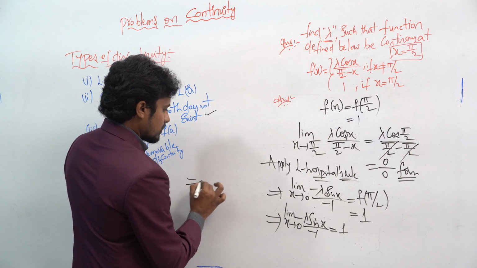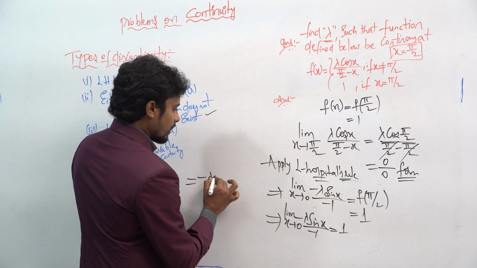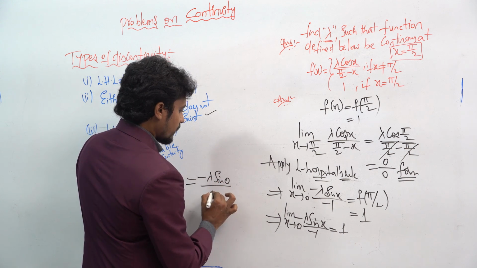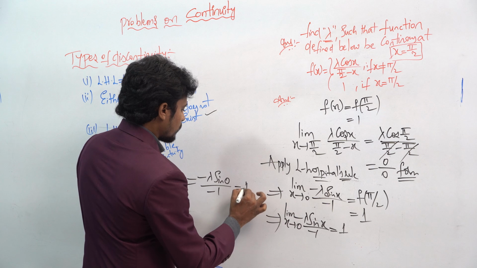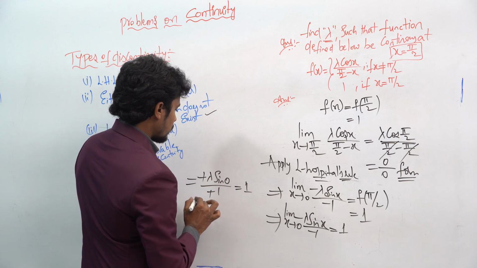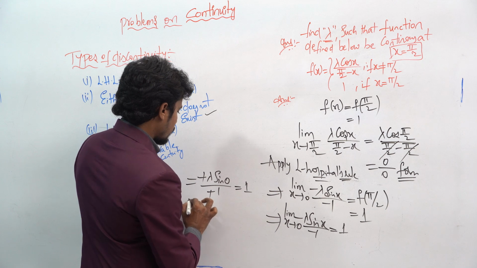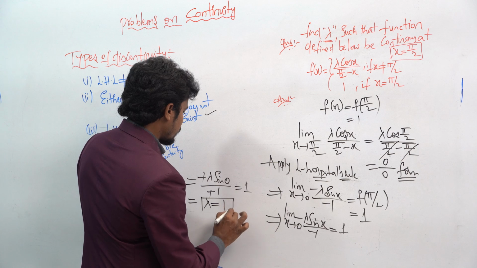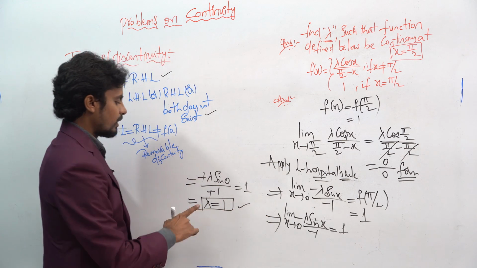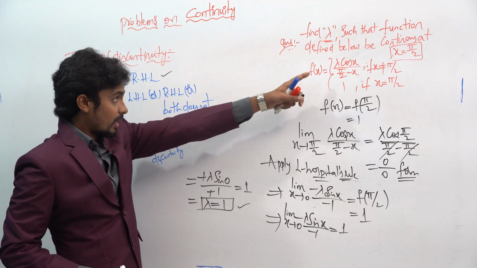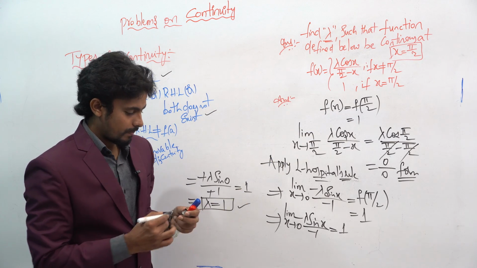So this is minus lambda into sin 0 divided by minus 1 equal to 1. Here minus minus gets cancelled. Here lambda is equal to how much? You will get lambda as 1, hence our lambda is 1.